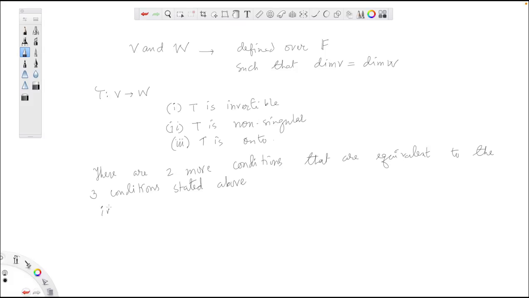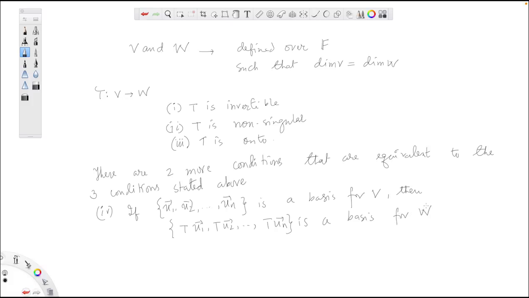Number 4 is that if U1, U2, all the way up to UN is a basis for the finite dimensional vector space V, then TU1, TU2, all the way up to TUN is a basis for the vector space W. That's condition 4.